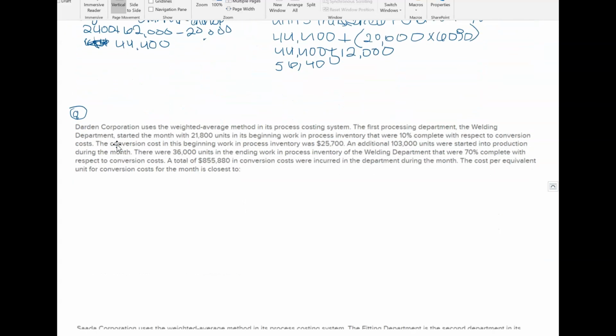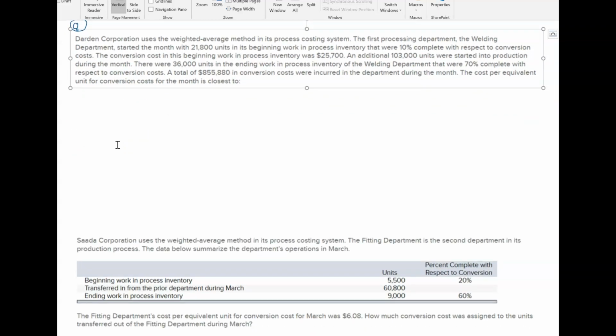Okay, number 8. We're going to start with the same thing, the units transferred. It's beginning work in process plus what was started minus the ending work in process. The beginning work in process started the month with 21,800.